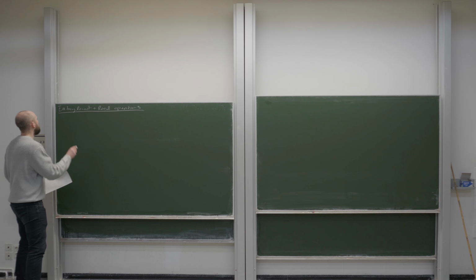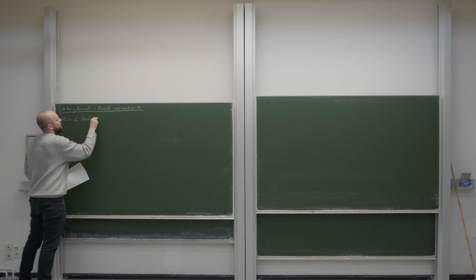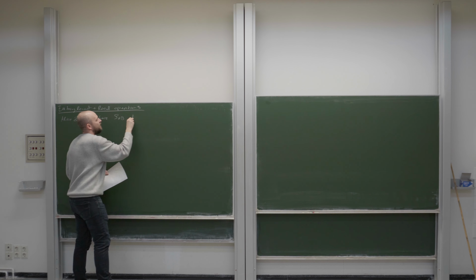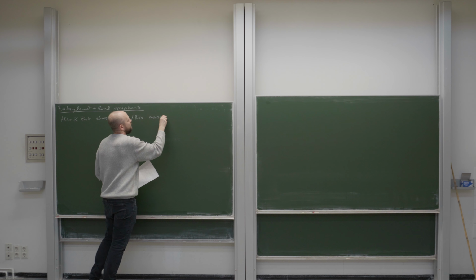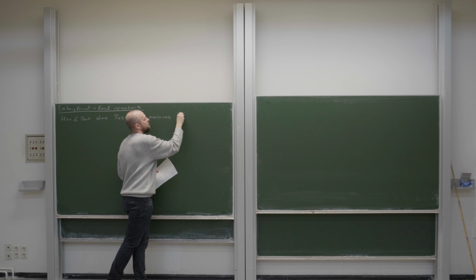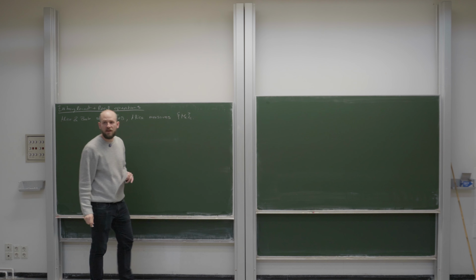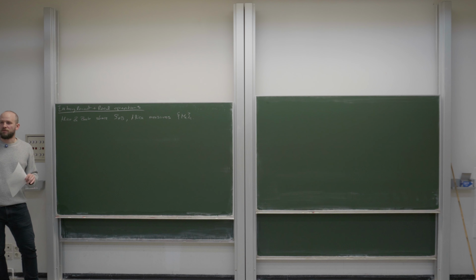So what we do here is that Alice and Bob share some state rho AB, and Alice measures some POVM M_A. What is going to be the post-measurement state of Bob and with what probability?